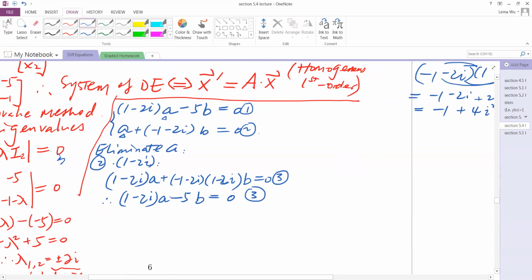Do you see that equation 1 and equation 3 are exactly the same? Yeah. Which means equation 3 comes from equation 2, and then 3 is the same as equation 1. So in general, it's telling you equation 1 is similar to equation 2, right?